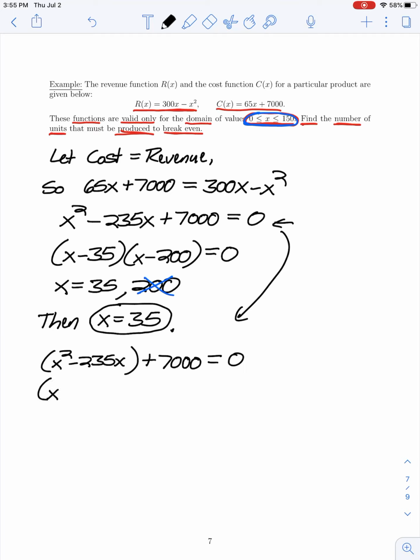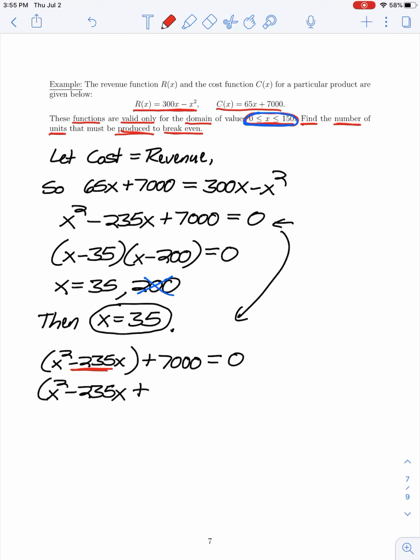And then by completing the square, I would take x squared minus 235x, and the constant that I want to add on the end would be half of this b coefficient squared.